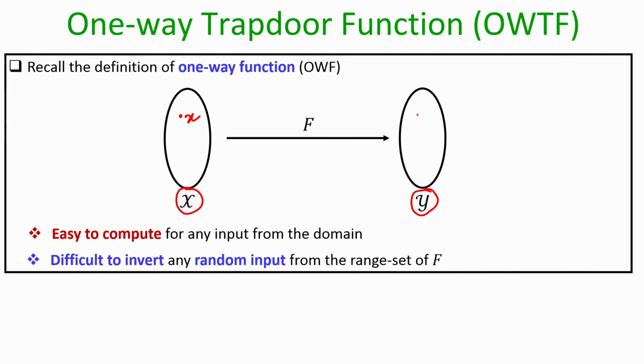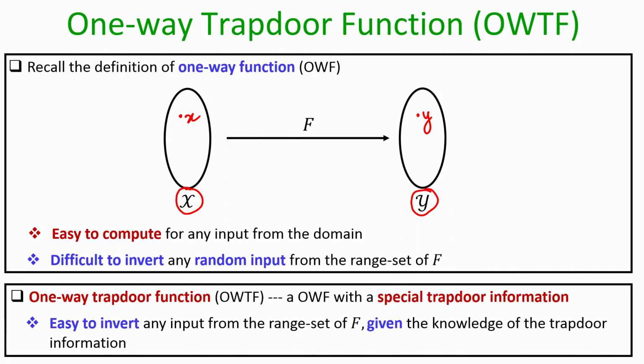That means, if someone gives me a y which belongs to the range of f and y is randomly chosen, then in poly time it should be difficult to come up with at least one preimage for this input y.